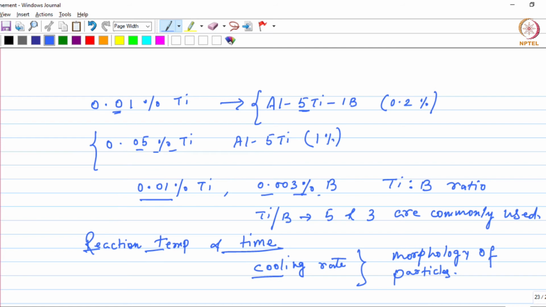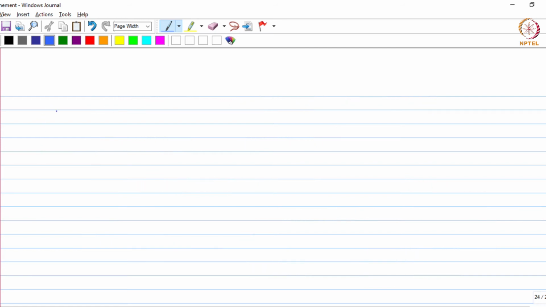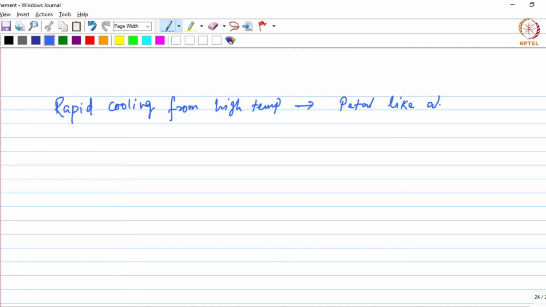For example, if you rapidly cool from high temperature, petal-like aluminides will be generated.